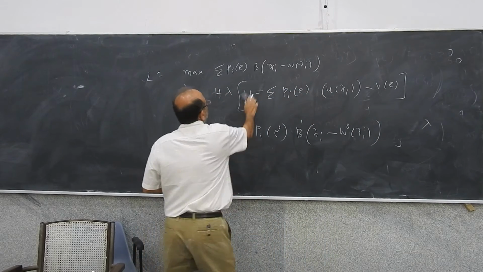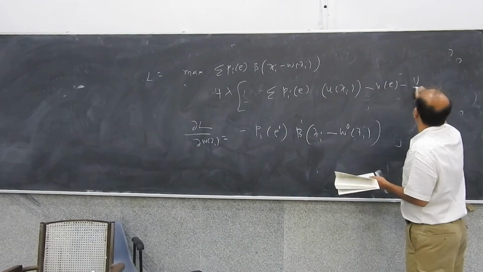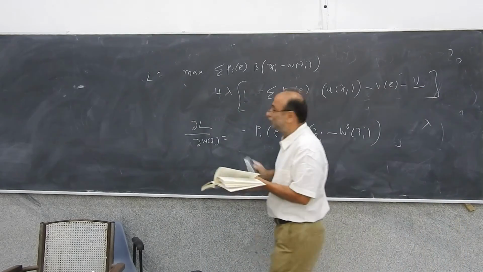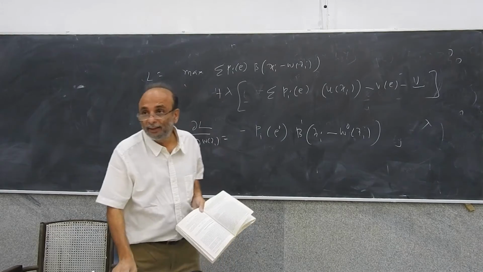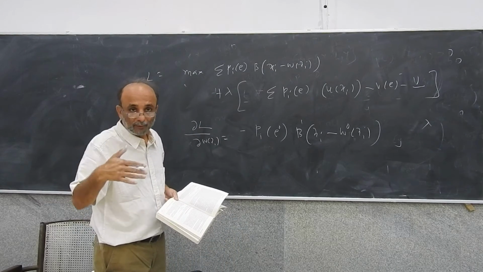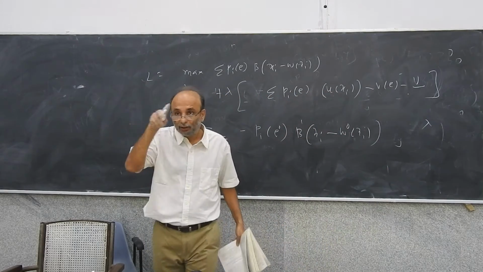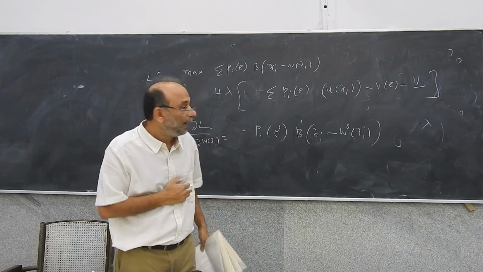Or if I want, I can actually write this like this. This will be a better way of writing it, because the constraint has to be positive or 0. So this has to be greater than this, or 0. So plus lambda, I write it like this.